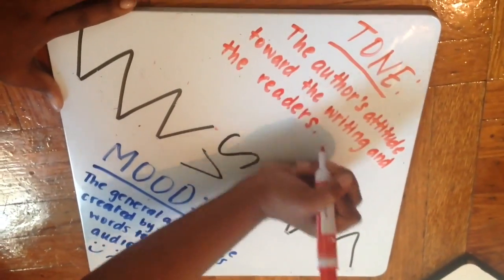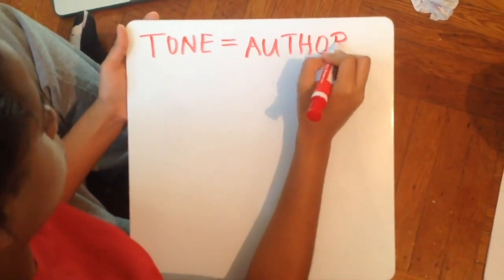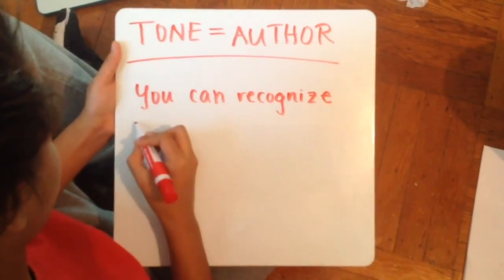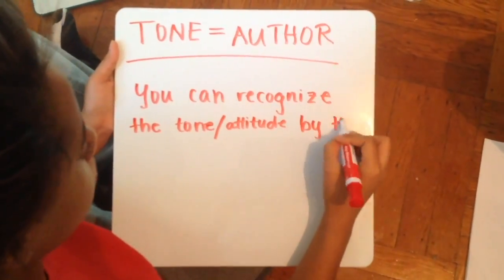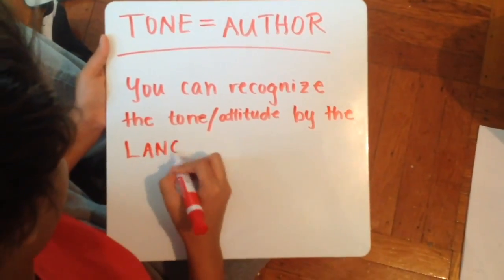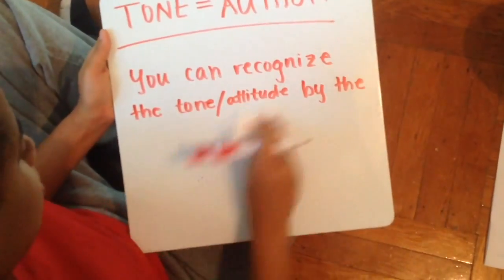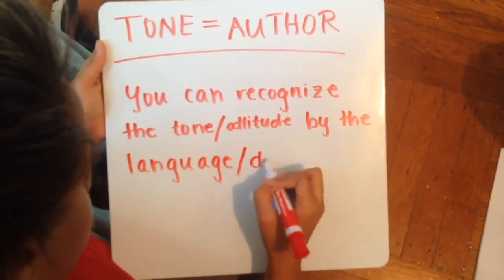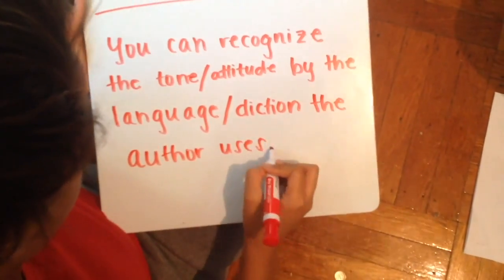Now that we know the meaning of the words tone and mood, let's learn a little bit more about them, starting with tone. The best way to remember tone is to remember that it equals the author. You can recognize the tone or attitude by the language or diction the author uses in his text.